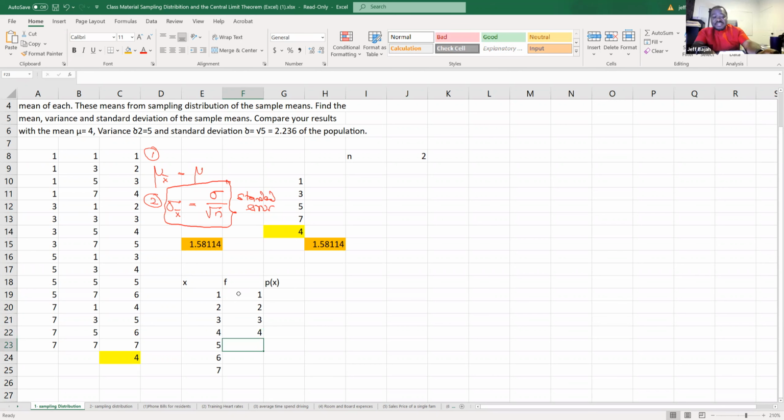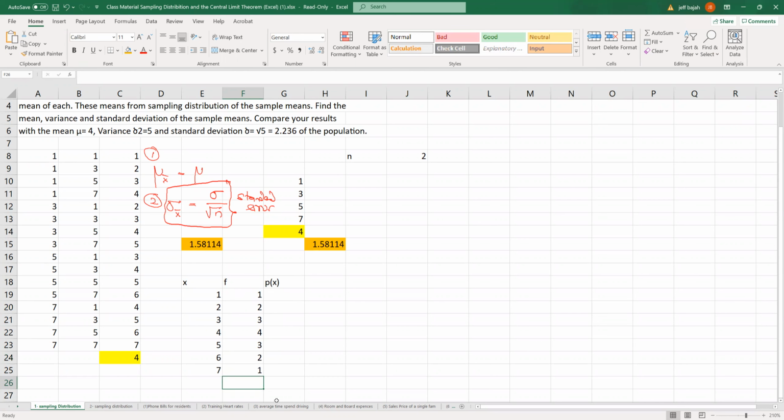How many fives? 3. You sure? Okay. Yeah, there's 3 fives. We're going to find out if you're correct. How many sixes do we have? 2. How many sevens? 1.